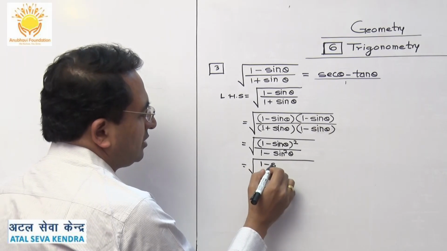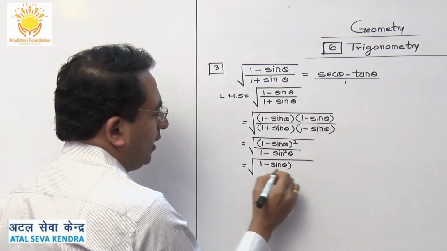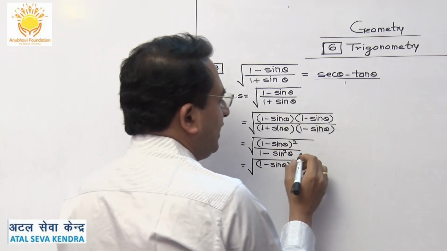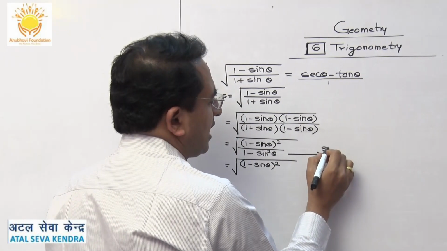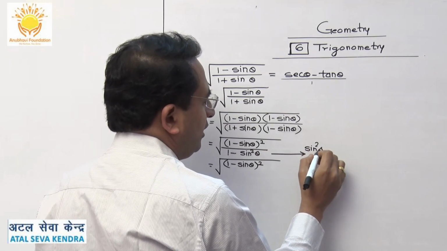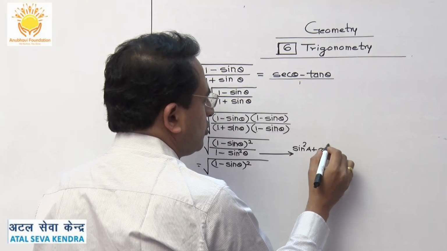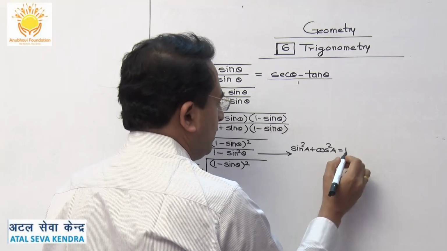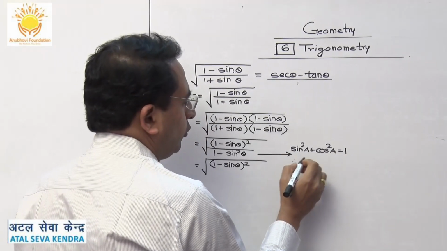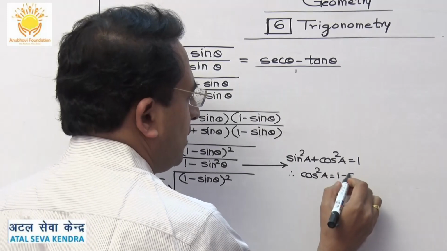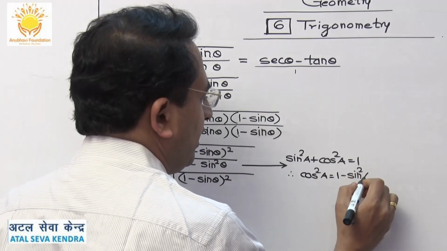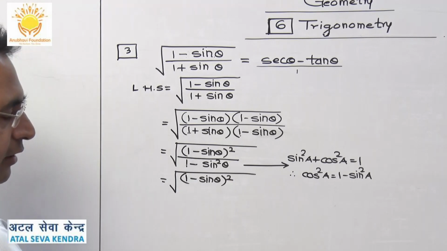Now the square root sign will remain as it is. This is 1 minus sine of theta bracket square, and you know the identity related with this. It is sine square a plus cos square a is equal to 1, and therefore cos square a is equal to 1 minus sine square a. Correct?